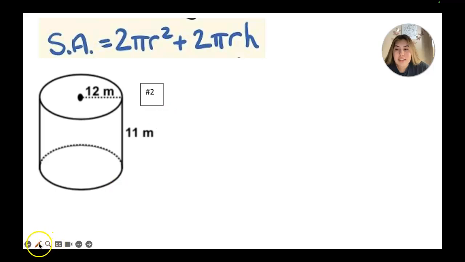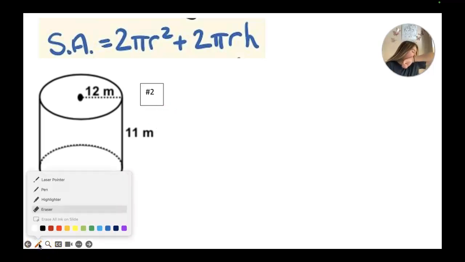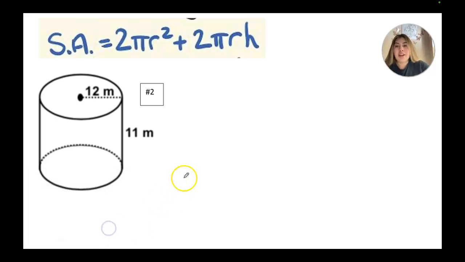I'm going to use the blue color. So we're going to do 2 times pi times radius, our radius is 12, squared.